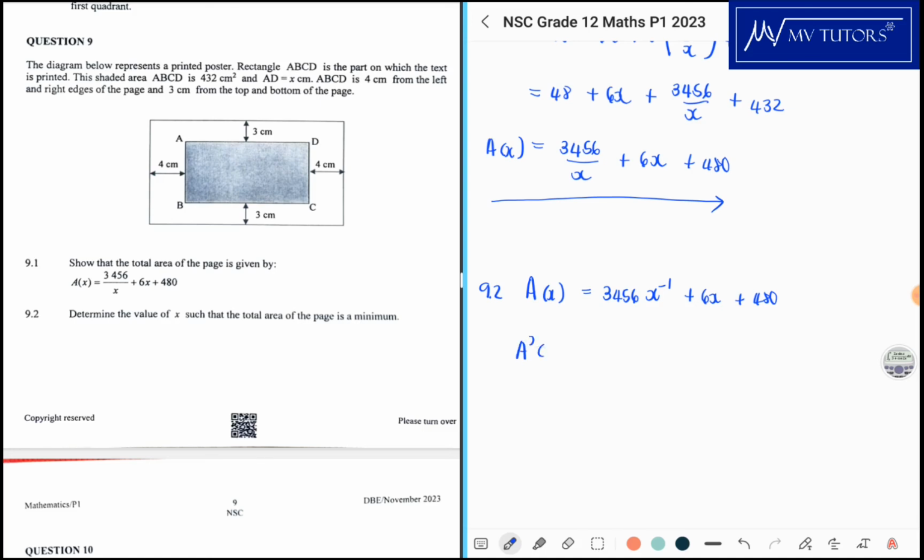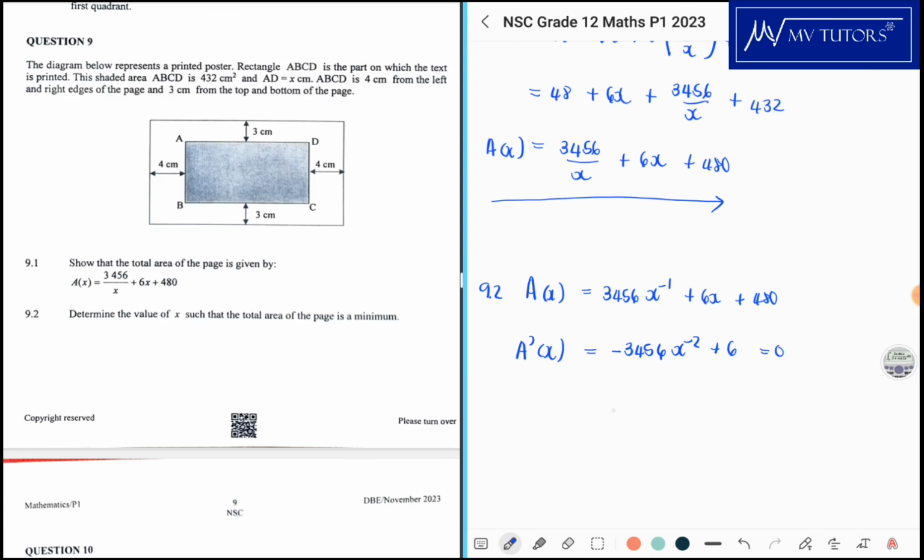Now the first derivative, I'm going to make that equal to 0. So if I multiply negative 1 times 3456, I'll get negative 3456 x to the power negative 2 plus 6. All right, and I'm going to make that equal to 0.